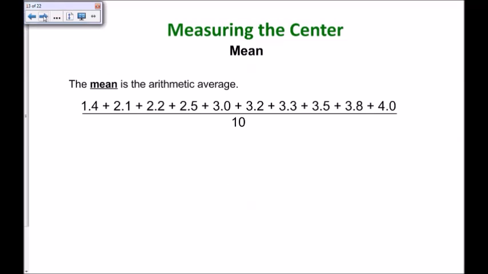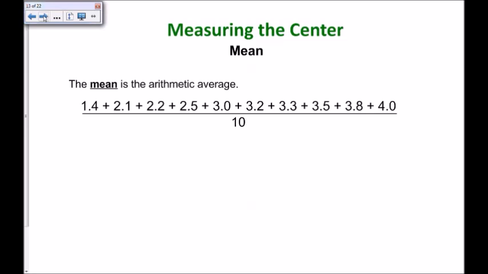The other way of measuring the center is by using the mean. The mean is the arithmetic average. You add up all the numbers and divide by the number of numbers. So in this case, I add up my 10 GPAs and divide by 10, and that will give me the mean GPA.